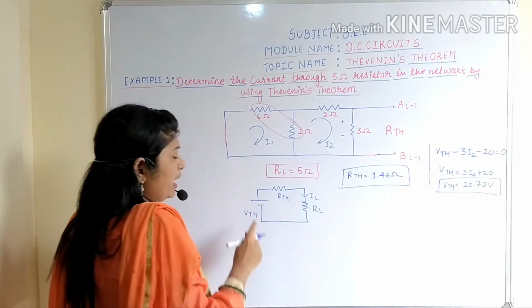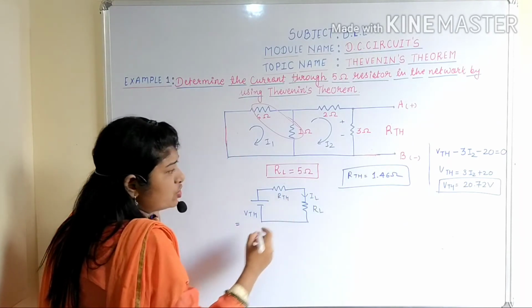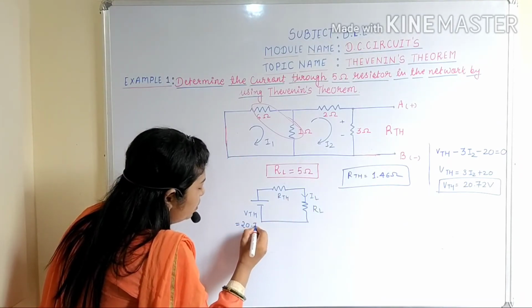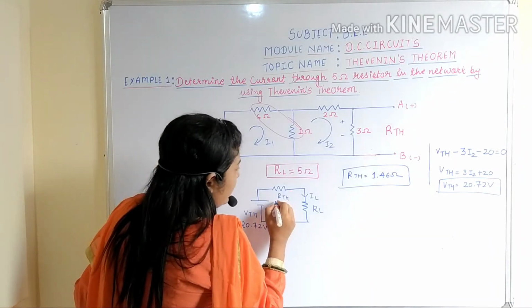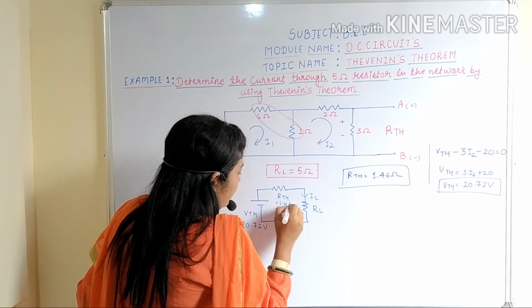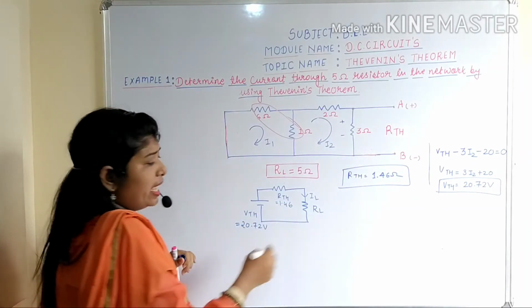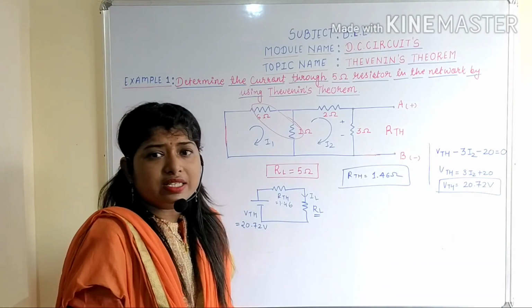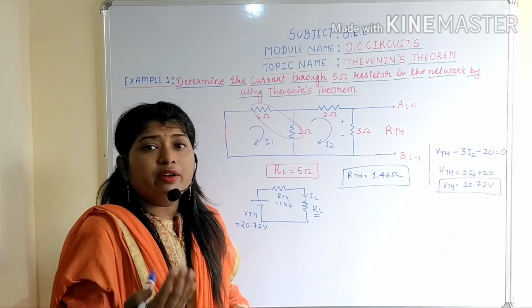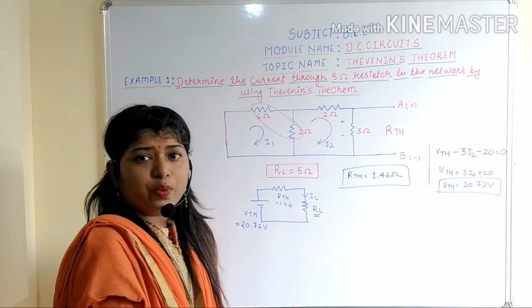Already we had covered it in the last lecture. Okay. Now can you tell me what is VTH? VTH is nothing but equal to 20.72 volt. What is the value of RTH? RTH is nothing but equal to 1.46. Can you tell me what is the load resistor? Already we found the load resistor, through which we need to calculate the current.